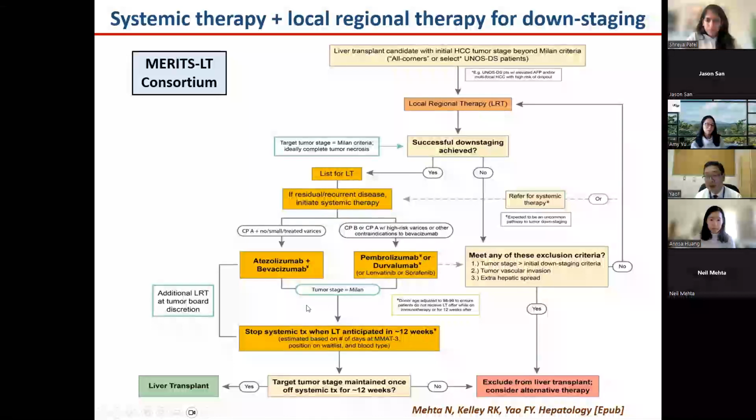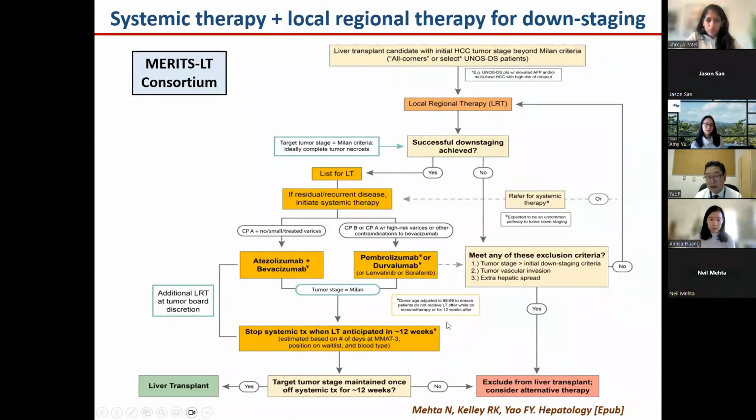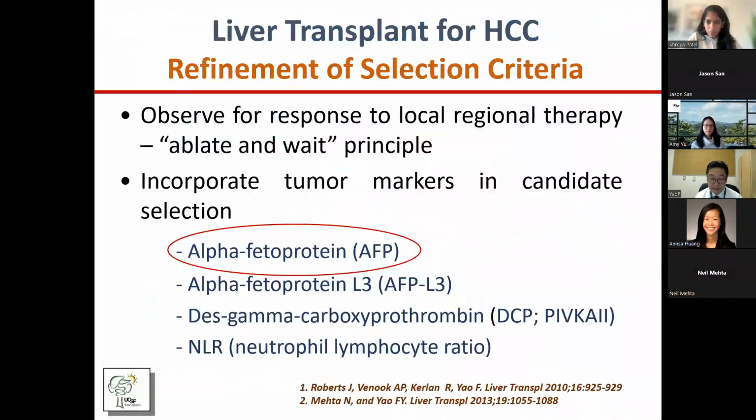We're developing this protocol based on the work by Neil. And then our treatment agents include atezolizumab, pembrolizumab, or durvalumab. So these are some of the agents that we're trying to use to help accomplish downstaging in combination with locoregional therapy.